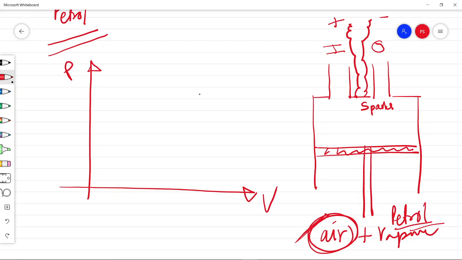In the initial step, this inlet valve is kept open and the air is sucked from outside into the cylinder by a downward motion of this piston.